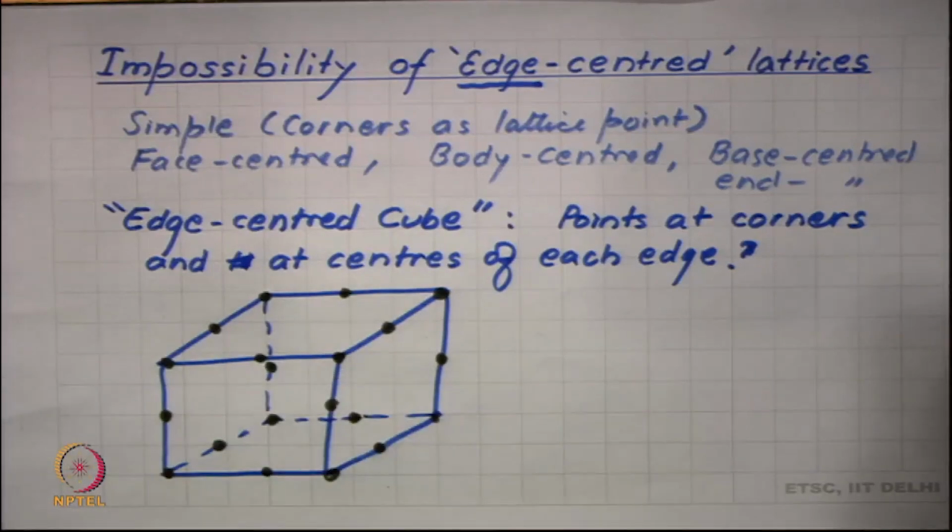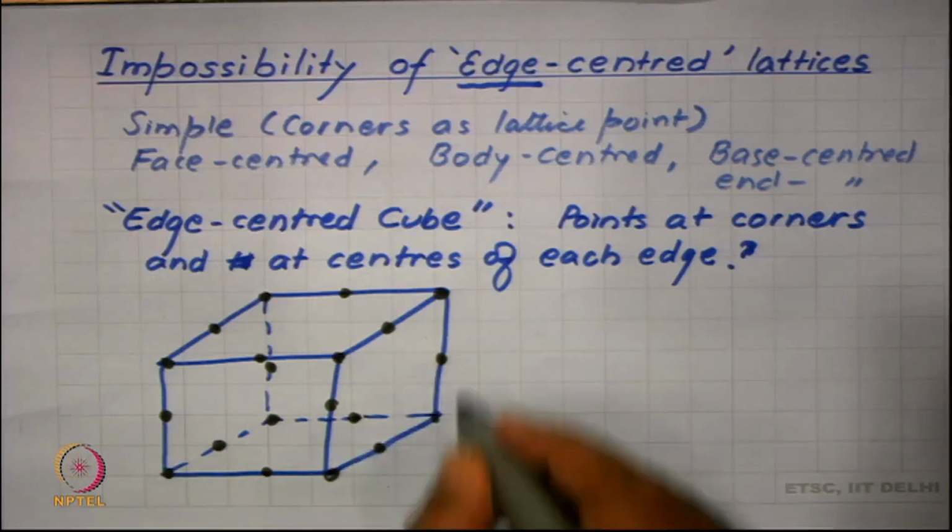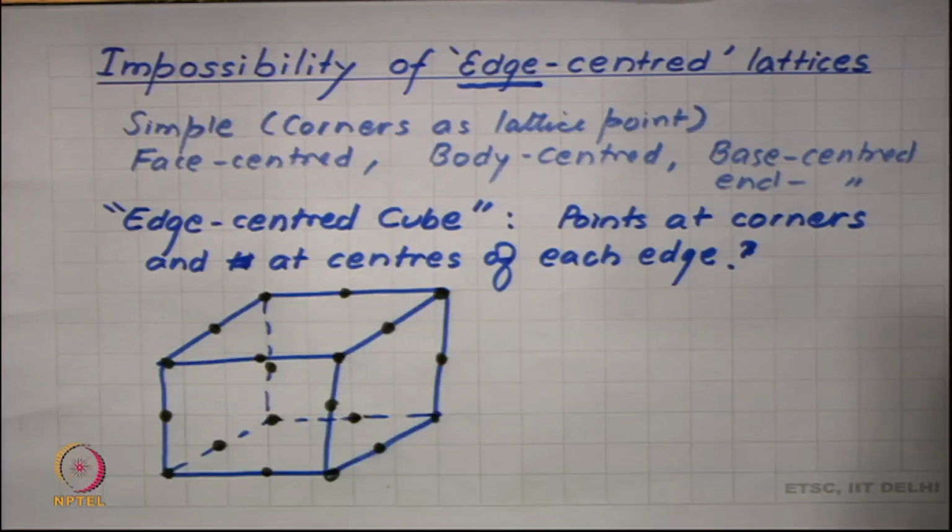The centers of each edge. Why is there no lattice listed like this, an edge centered cubic lattice or an edge centered orthorhombic lattice? The answer to that can be seen by examining the surroundings of the point.